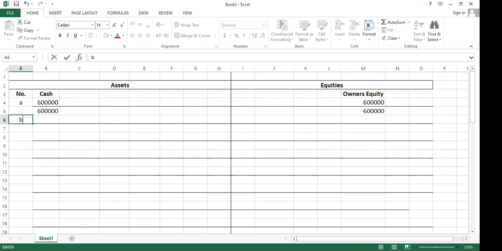B. Truck was purchased by the business for rupees 430,000. Deduct the 430,000 from cash and add the new asset, truck, 430,000.